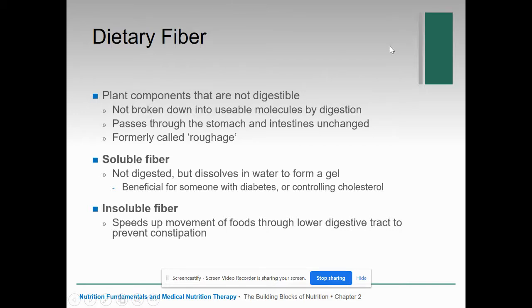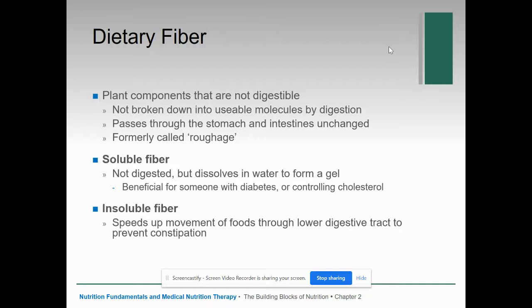So dietary fiber, as your text says, are plant components that are not digestible. When you watch that carbohydrate video that I included in this week's information, you saw that there were different types of carbohydrates, right?